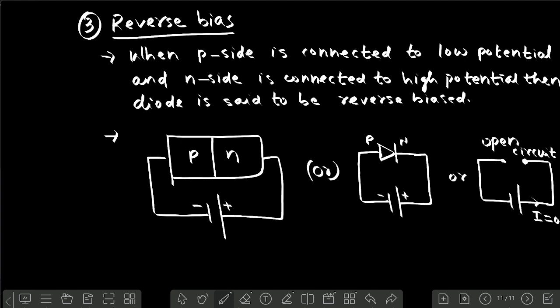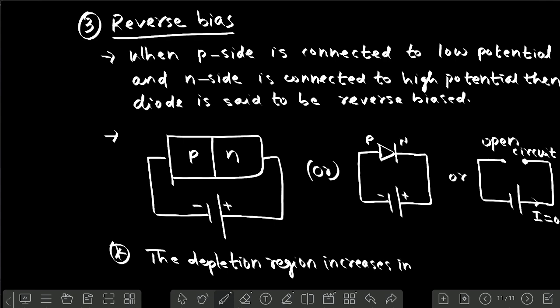A little other point you can write about the depletion region. Tell me what happens in the depletion region here. Remember, the depletion region increases in reverse bias.